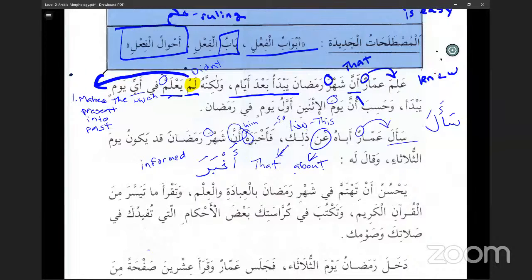I like this next sentence. So I'm going to ask someone to translate this next sentence for us. This goes to Jeffrey Ortega. Assalamu alaikum wa rahmatullahi wa barakatuh. Can you read us the next sentence and tell us what it means? Qad yakun yawm al-thulatha.